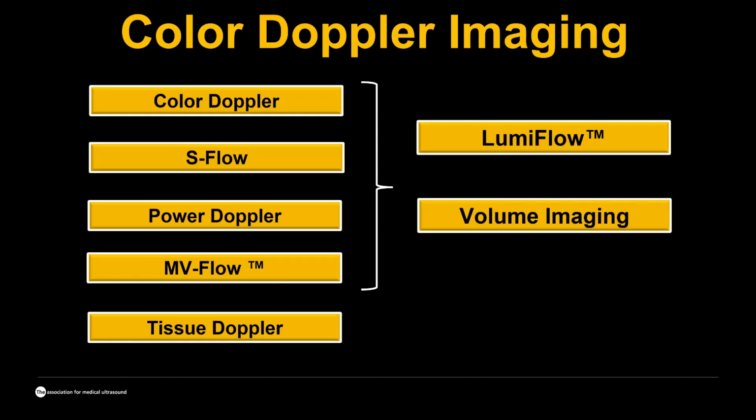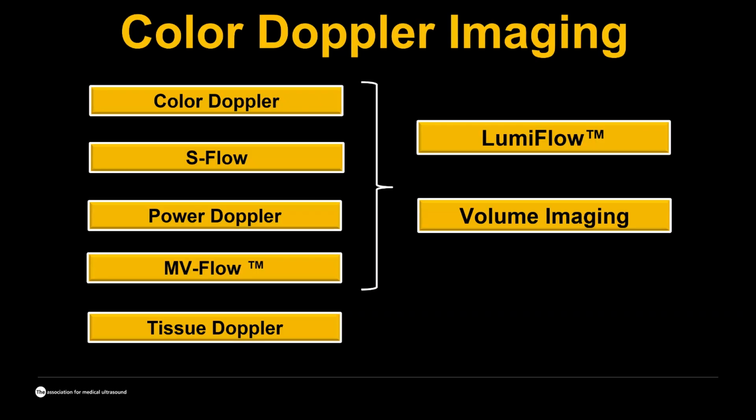Or when the blood flow has very low velocity characteristics, for example, in the pulmonary veins or in different organs like the kidneys, then you need the microvasculature presets, and that would be the best choice to use: the MV flow. All of those color Doppler modalities can be used in combination with LumiFlow.